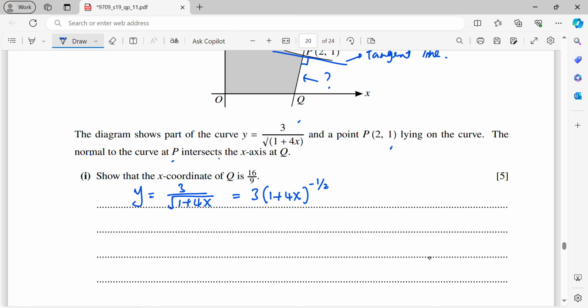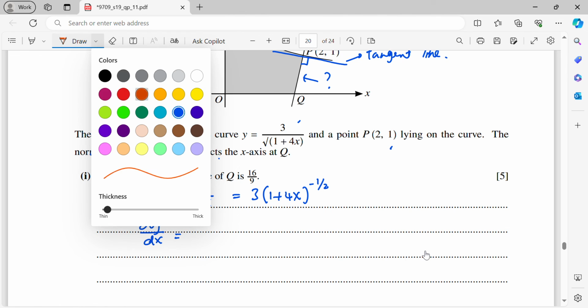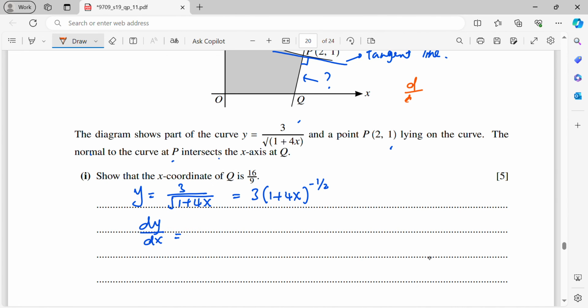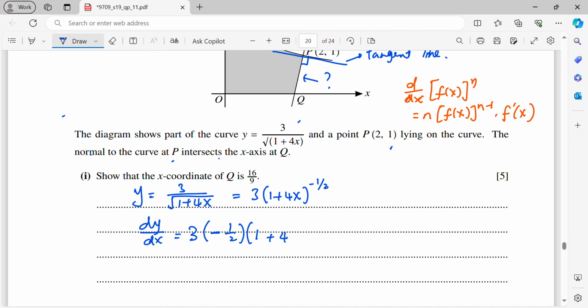Now, for the differentiation, dy over dx, I will bring down the negative half because we have this formula. Differentiation of f(x) to the power n is n times f(x) to the power of n minus 1, and then you differentiate f(x), that will be f prime x. Here, I will keep the 3. The minus half will be brought down. Then I rewrite 1 plus 4x, and then the power, instead of minus half, you minus another 1, that is minus 3 over 2.